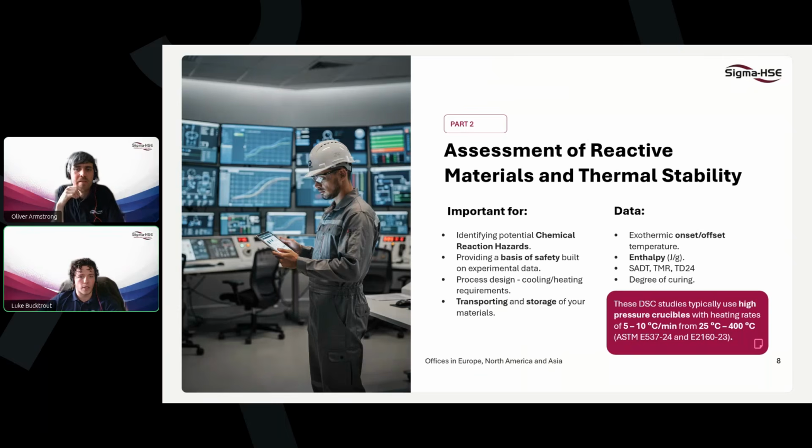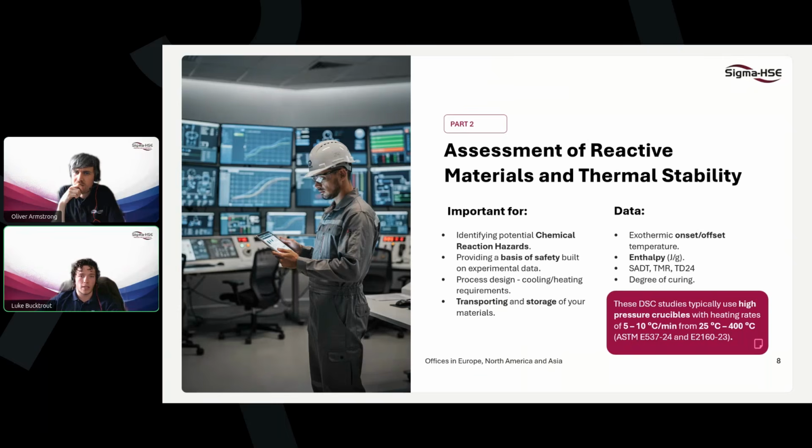And so the useful data we can extract from typical DSC scans includes the onset and offset of any exothermic events, also the enthalpies. This data can help us to screen hazardous materials from a whole range of materials, help us narrow down and streamline, and identify potential chemical reaction hazards, which can then help support the determination of worst case scenarios.